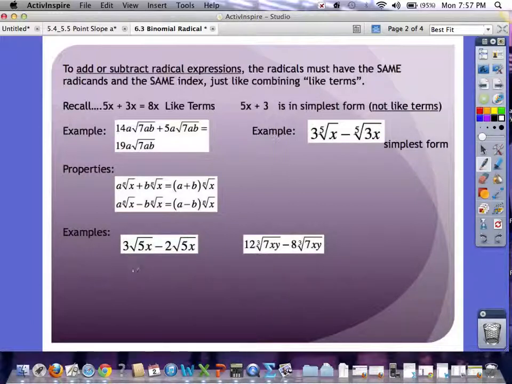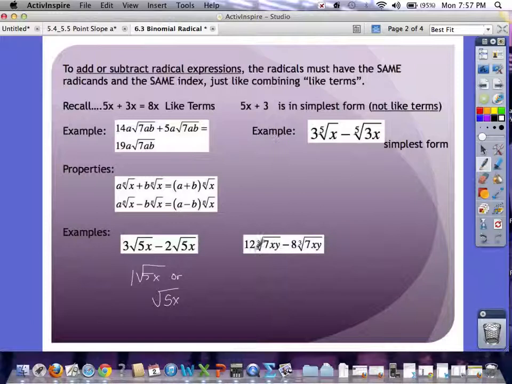We don't have to put a 1, but you can. And then the square root of 5x. Most likely, you're just going to see this written as the square root of 5x. Either one. Same thing. You can have a negative number in front of the radical. That's okay. You may get those.